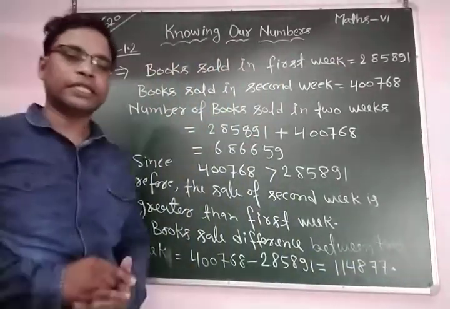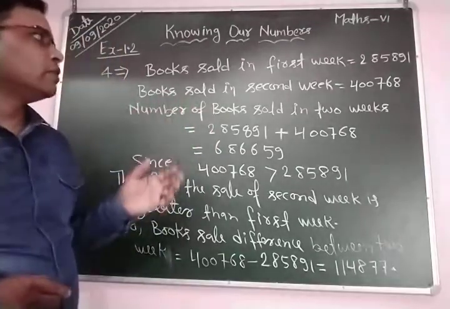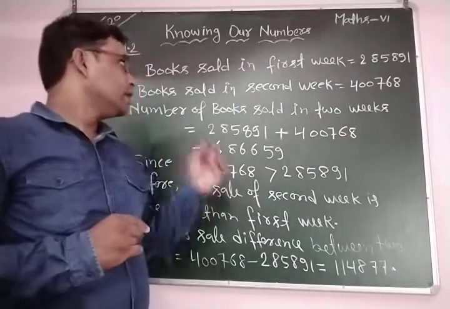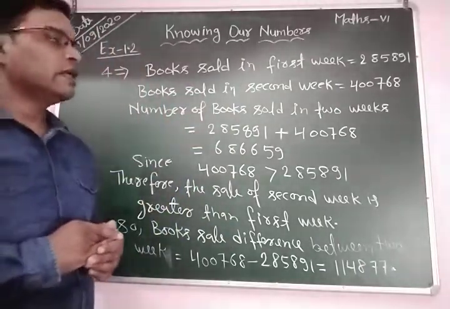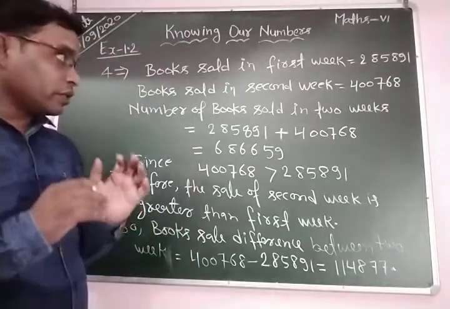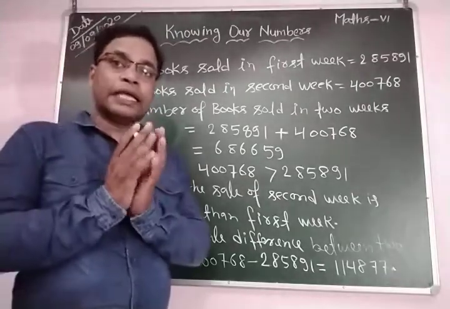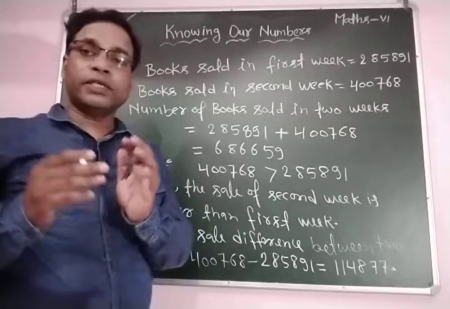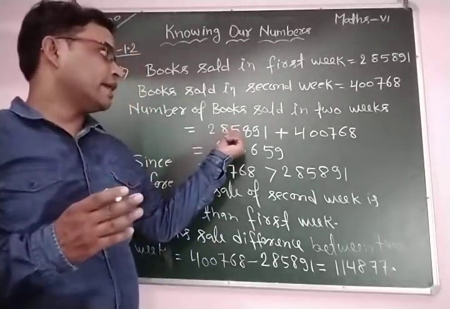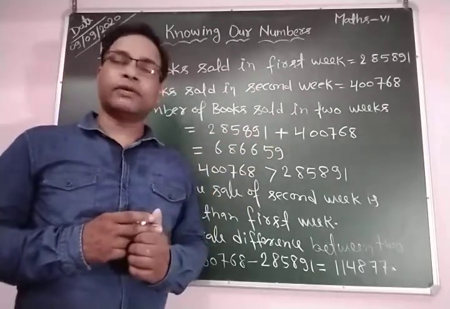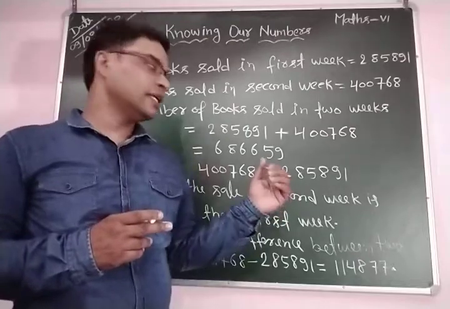In this question, it is given that the books sold in first week 2,85,891, the books sold in second week 4,768, and total number of books sold in both weeks together. So for this we add them: 2,85,891 plus 4,768.